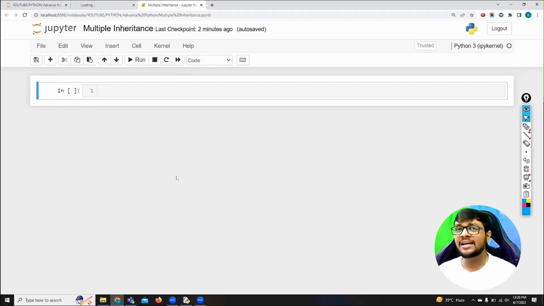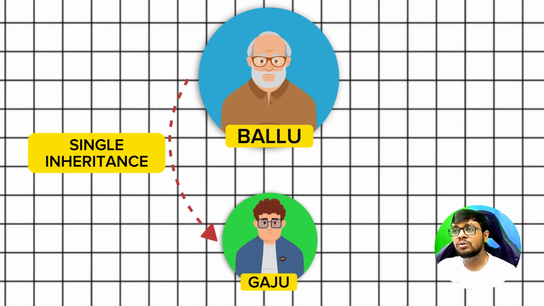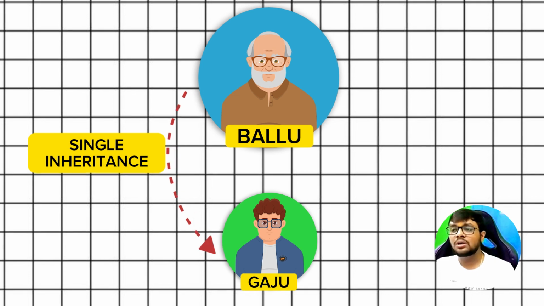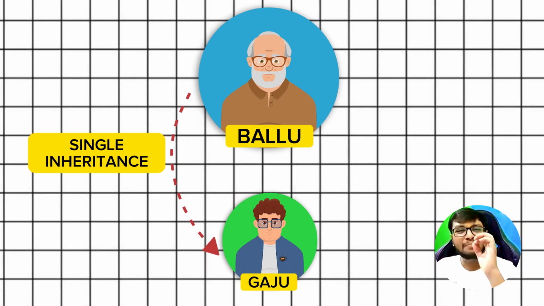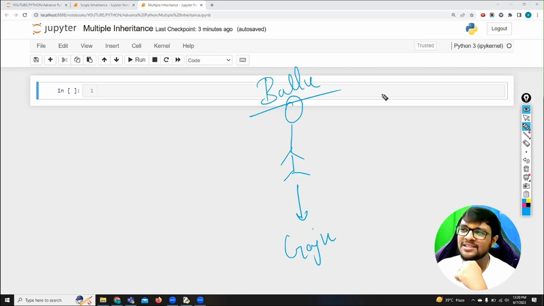In single inheritance, as the name suggests, you have a single parent, mother or father, like our Gajodhar had Ballu, and the only child was Gajodhar. Now see the simple concept, in a minute you will understand this. Multiple inheritance means you have more than one parent.